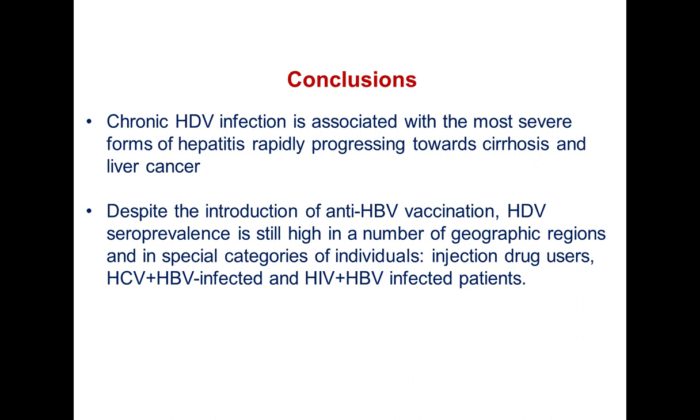Despite the introduction of anti-HBV vaccination, HDV seroprevalence is still high in several geographical regions and also in special categories of individuals, including injection drug users, immigrants, and patients co-infected with HIV and HCV. Overall findings support the importance of a proper screening and diagnosis of HDV infection.